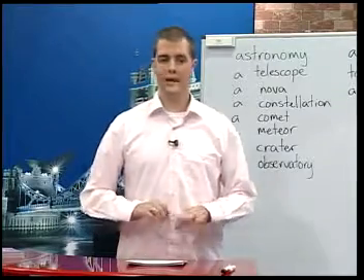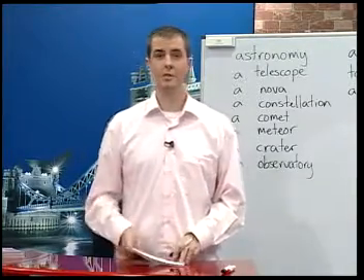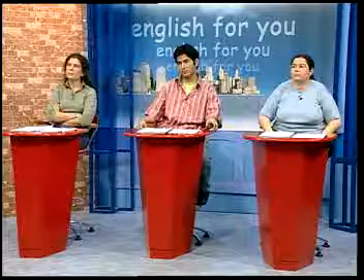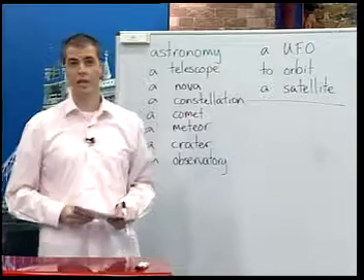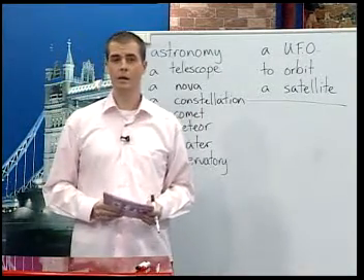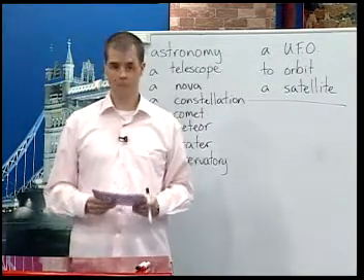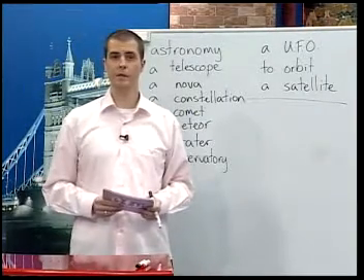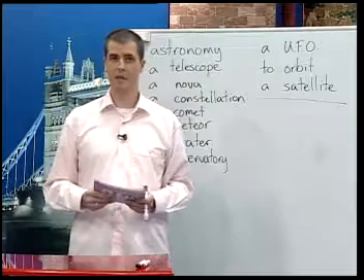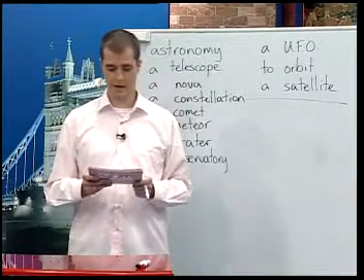So we use the passive in spoken and written English. And in the active voice, the subject or the doer of the action is important. In the passive voice, the object becomes the important thing.